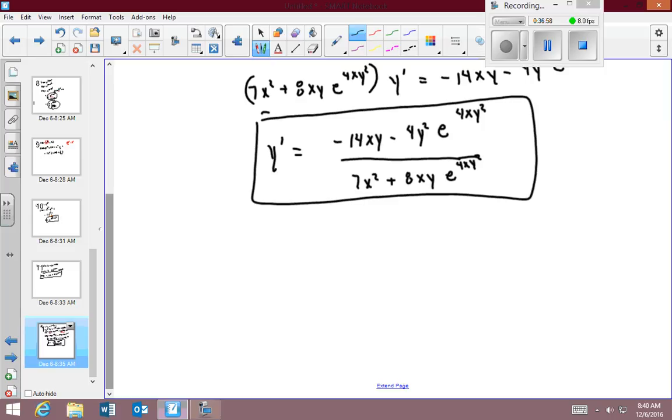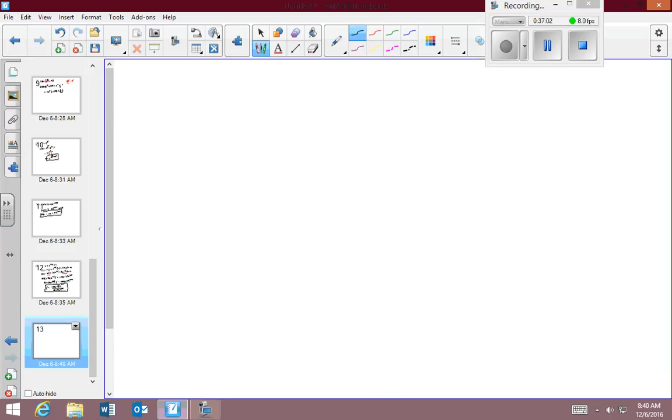That's the next problems. It says find the second derivative. So 26, f equals e to the minus x plus e to the x. First derivative.